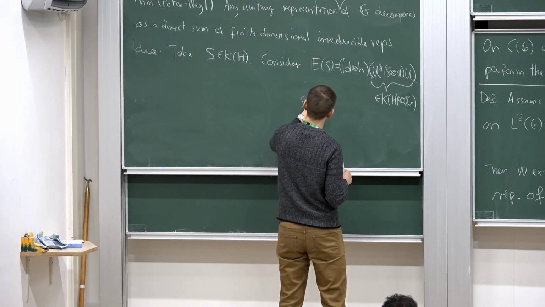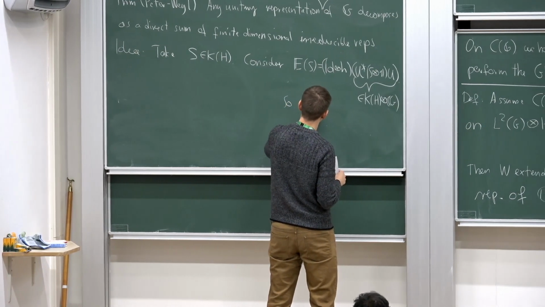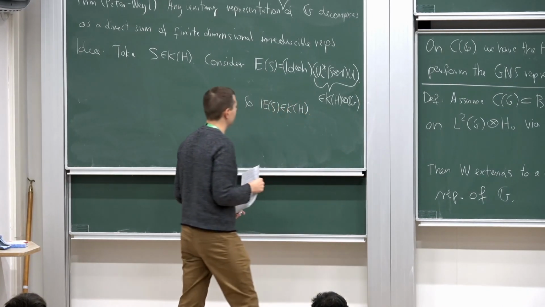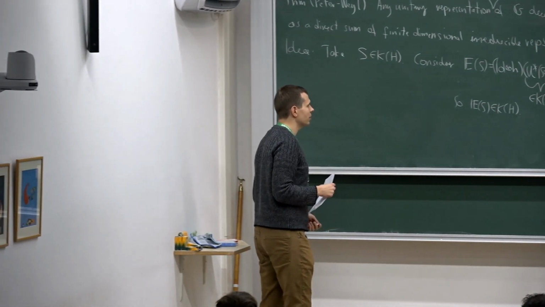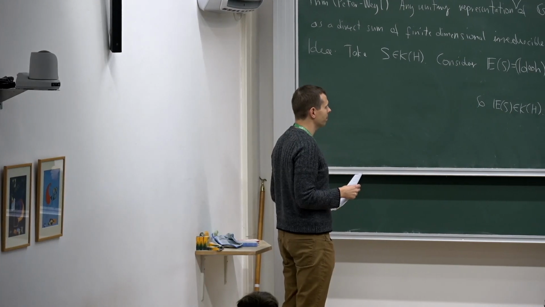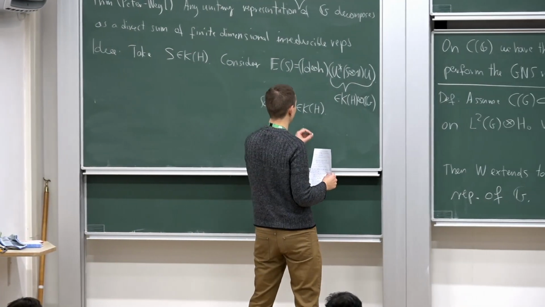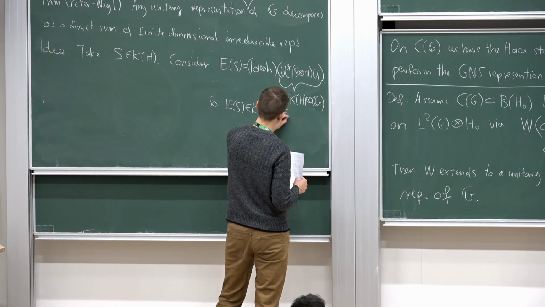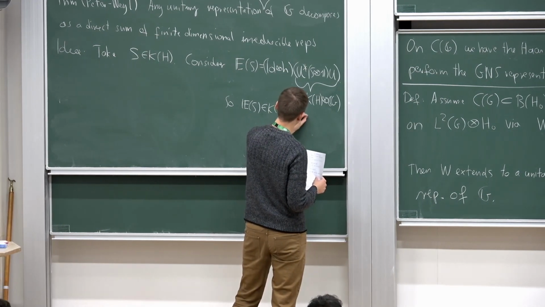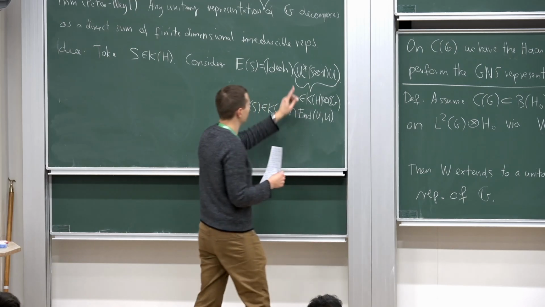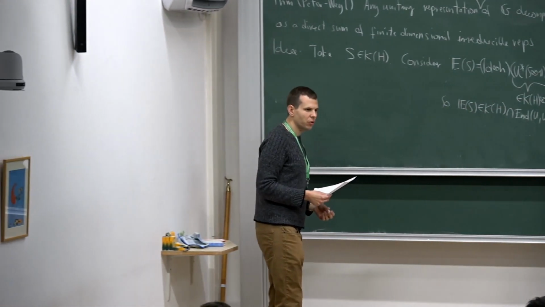So E of S is a compact operator. That's the first important thing. And then, as always, it's also a morphism, an intertwiner of U, because we average in such a way that we get U.